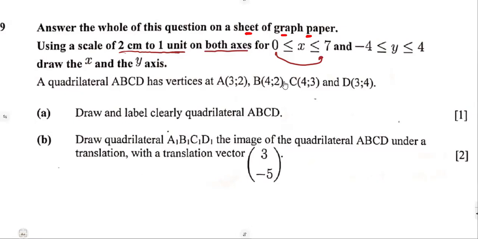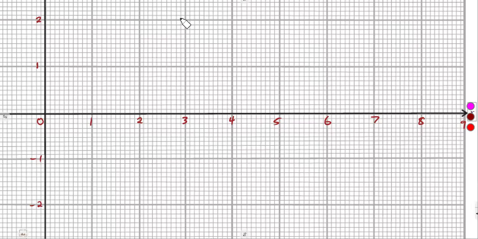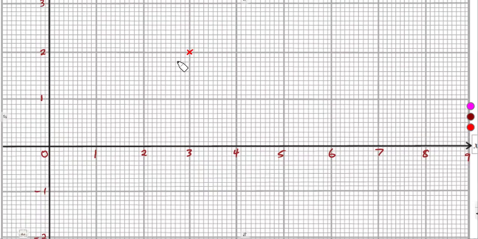We have the coordinates, the vertices that we are given of quadrilateral A, B, C, D. And we have got the vertices, which is A, which is 3, 2. So let's start with A. That is 3 versus 2. As we can see, guys, this is 3 and that is 2. So where these two meet, we are going to mark a point. So that is our point A.